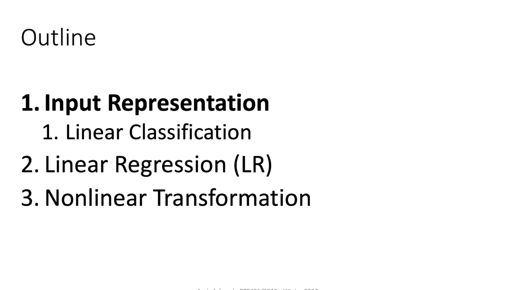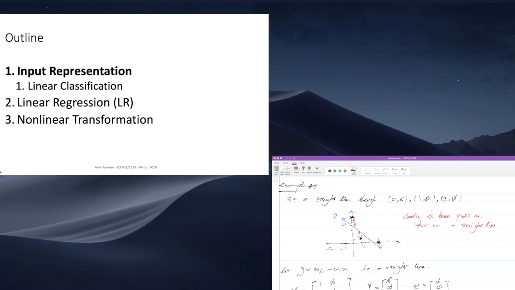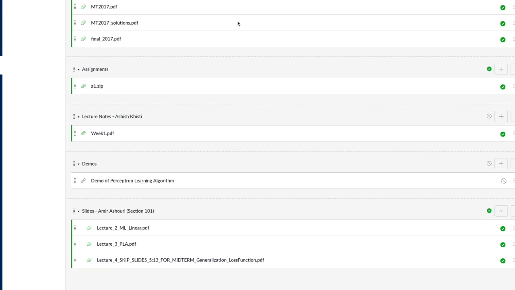Another thing: as I mentioned in the previous session, I uploaded the slides under the slides section. To avoid any confusion, I renamed the slide file to skip slides 5 to 13, because those cover Hoeffding's inequality.